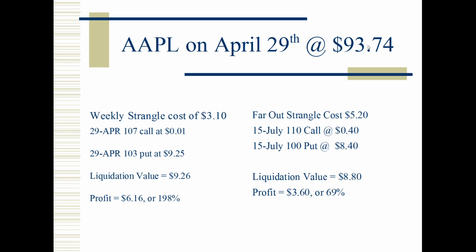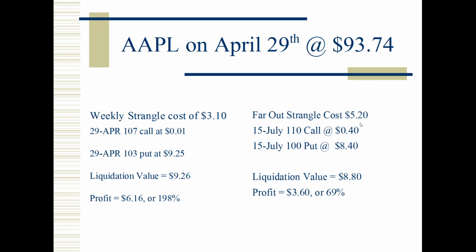Okay, so with the stock at 93.74, our 103 put would have been right at about 9.25. So it went right to intrinsic value. The 155 time premium that we paid in the option declined, but we've got that nice intrinsic gain. So let's call our liquidation value 926, which would have been a profit of 616 or 198%. Extremely profitable position because of the earnings surprise.